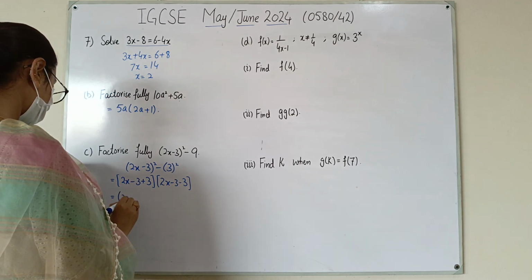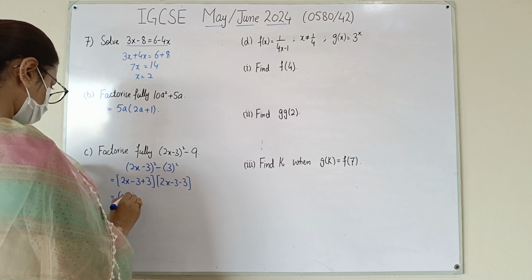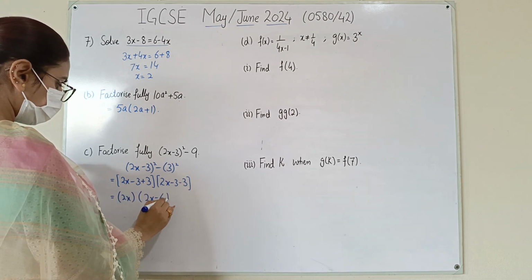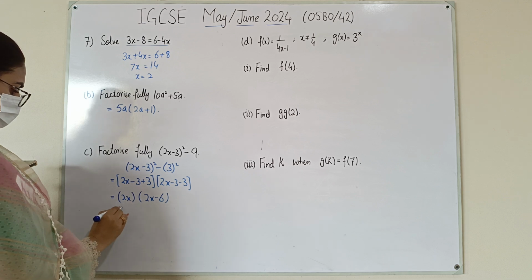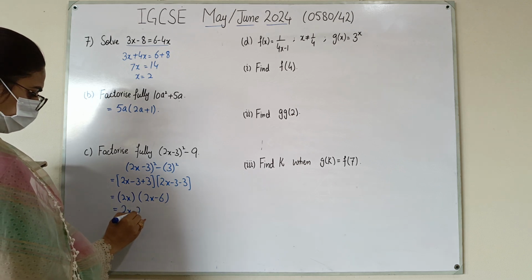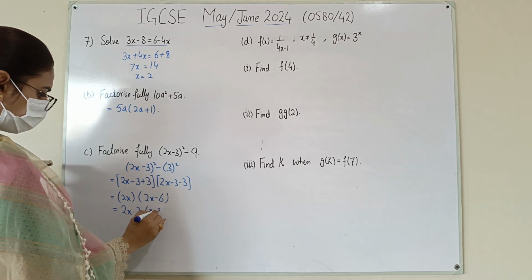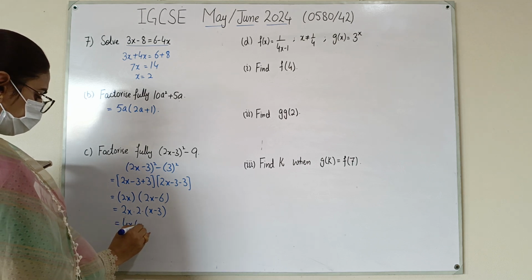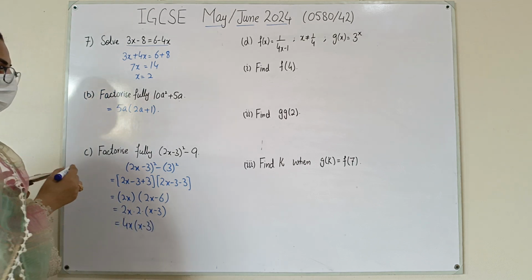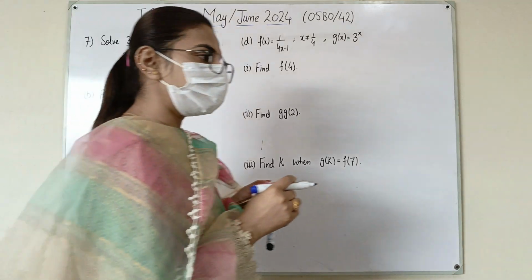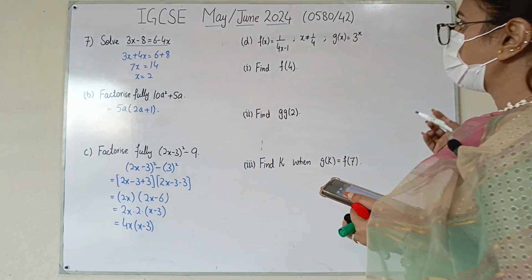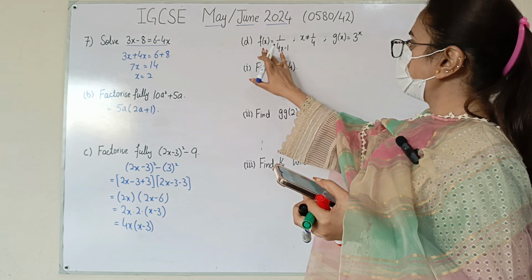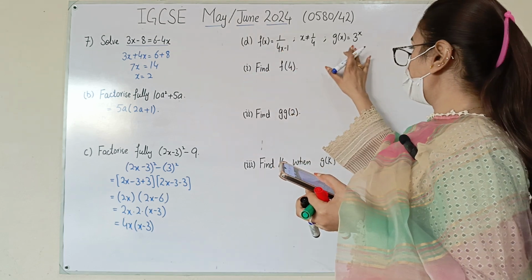It's 2x, and here it will be 2x minus 6. Now take 2 as common from this factor, x minus 3. So what will be the answer? 4x times x minus 3. The question is quite simple as it is from the algebraic section. Let's move toward part number D of the question. In this question, he has given f of x and g of x.